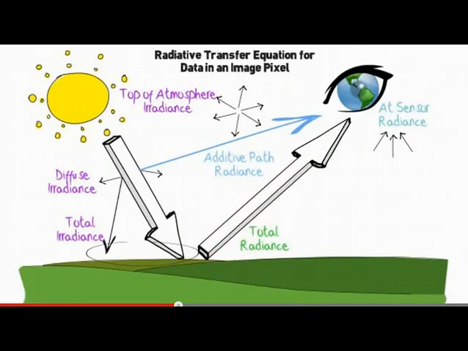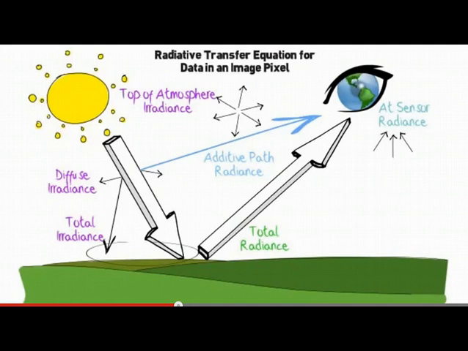We'll stop there, because what we want to talk about today is what happens in the atmosphere to this electromagnetic radiation. And that's going to help us figure out how we can adjust what the total radiance is received at the sensor based on what we know is happening within the atmosphere. So this moves beyond just a theoretical understanding.